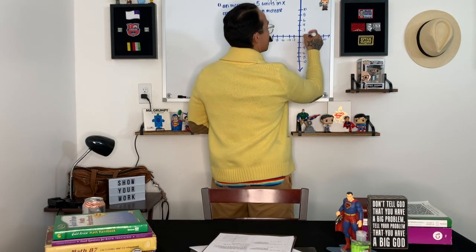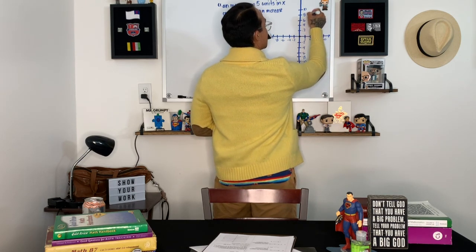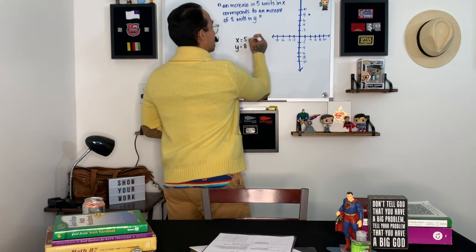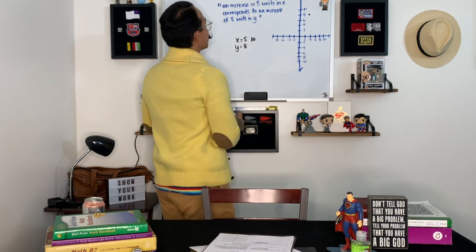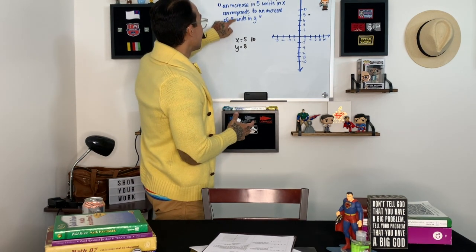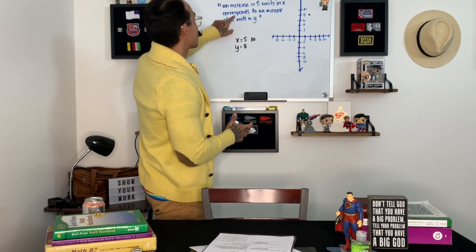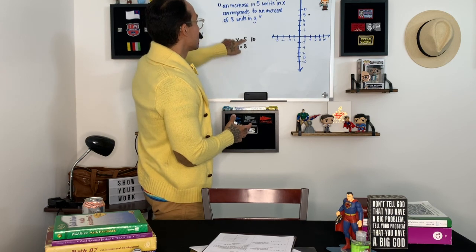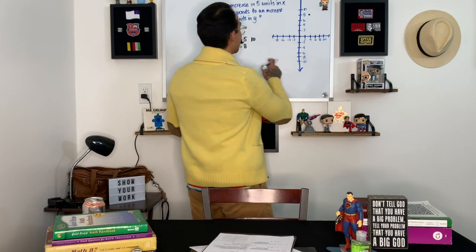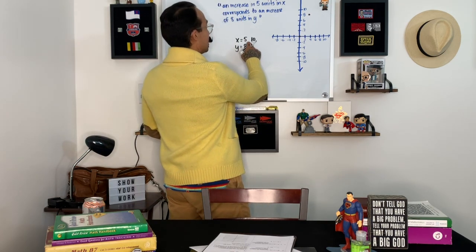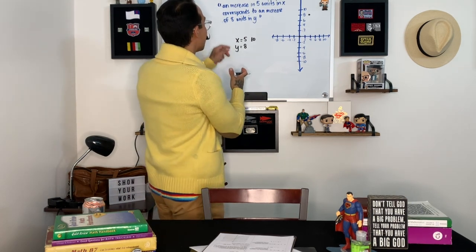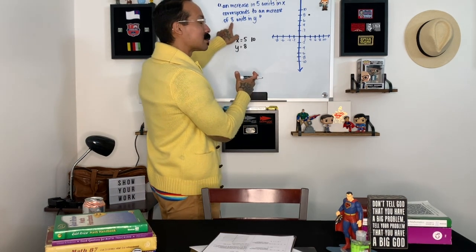I've got 5, 8 that goes here, and if that's true, then going back to the context of the question, an increase in 5 units x corresponds to an increase of 8. So if I increase that x value by 5, and say I wanted to make that now 10, then just the property itself within the context tells me that my y now has to be increased by 8.